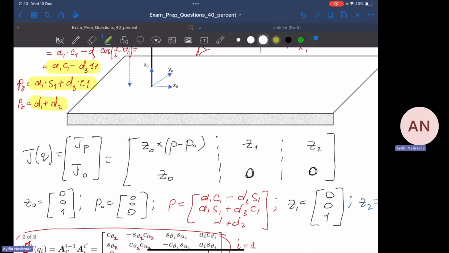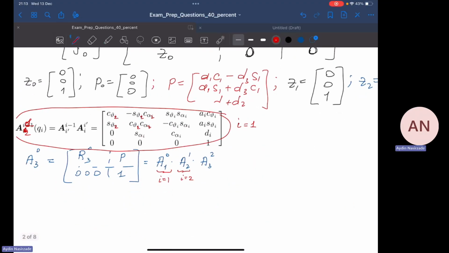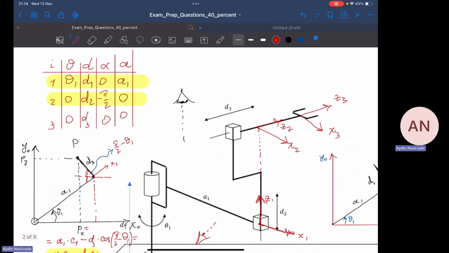Then, if you are supposed to find A3 to 2, i is equal to 3 now, and you have to use the last row, the third row of the DH parameter table.